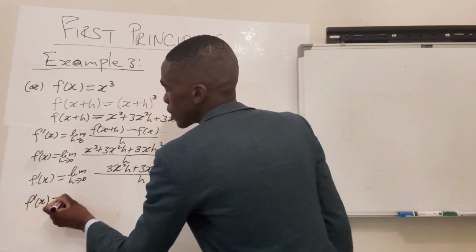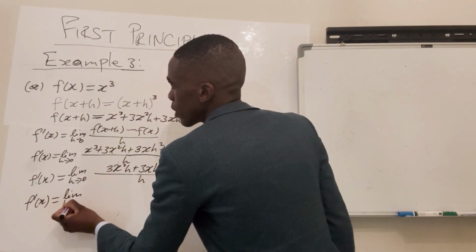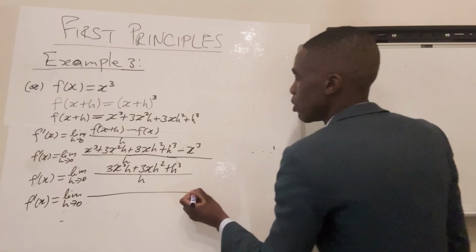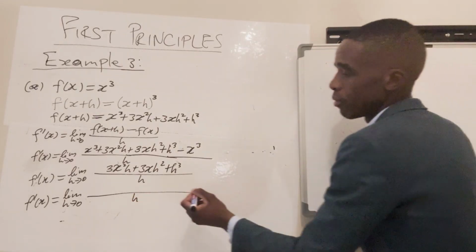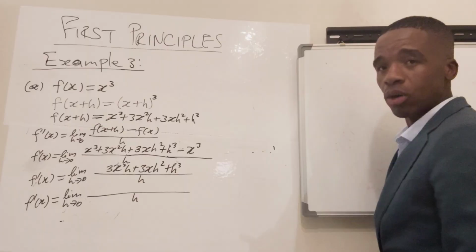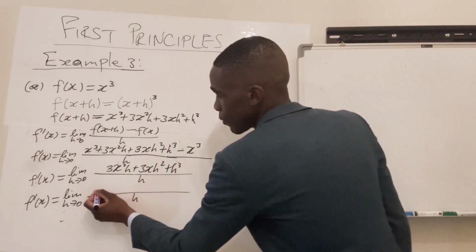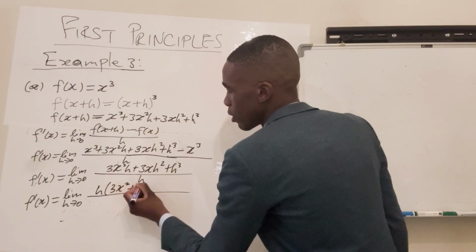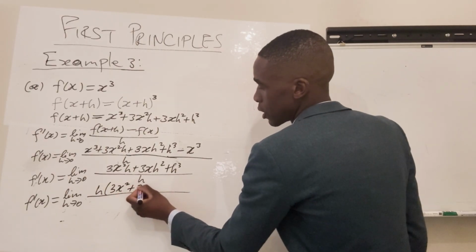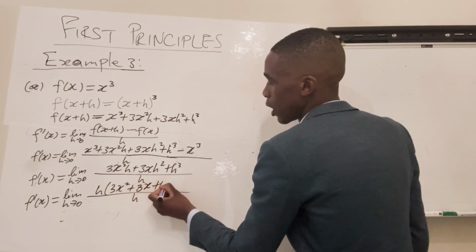This implies the limit as h approaches 0, all over h. You can take the common factor. What is the common factor? It's h. Are we together? h into 3x squared plus 3xh plus h squared.